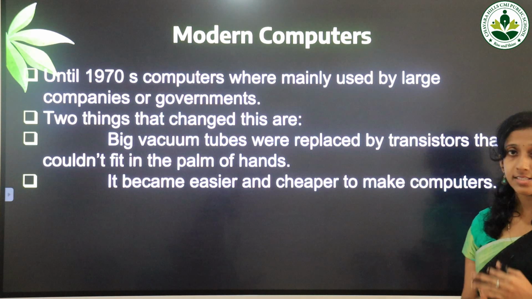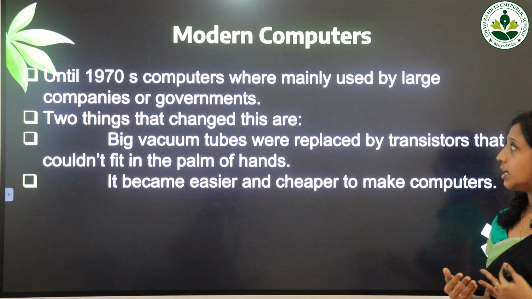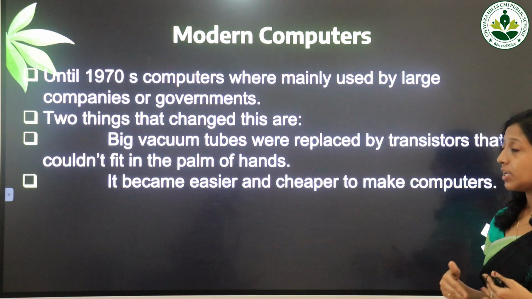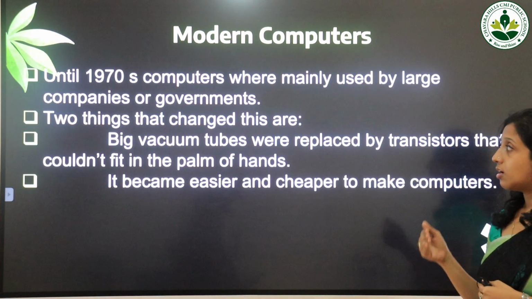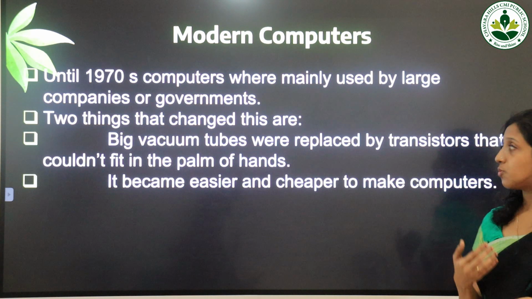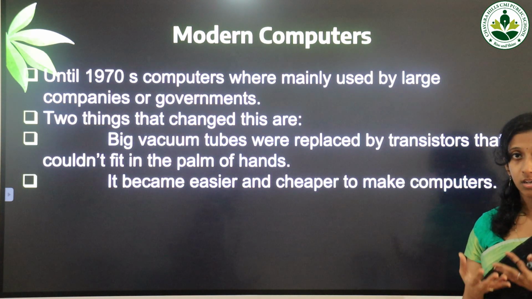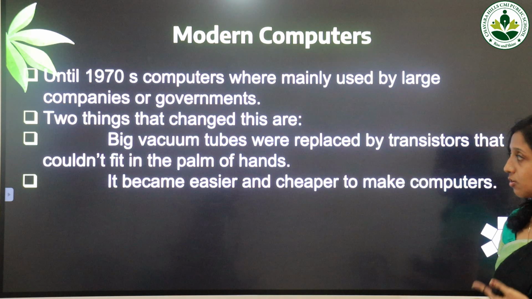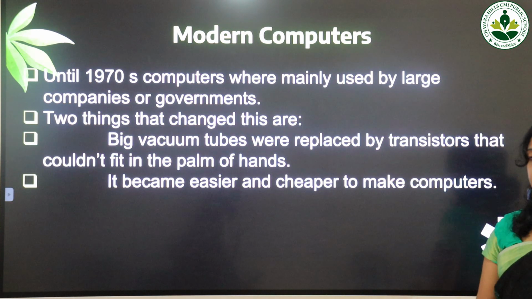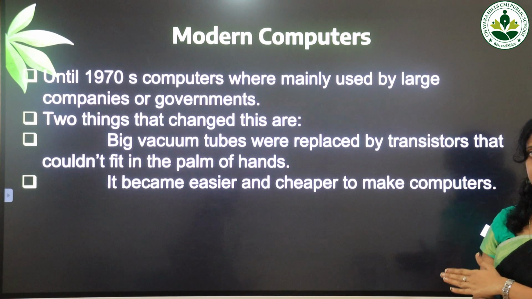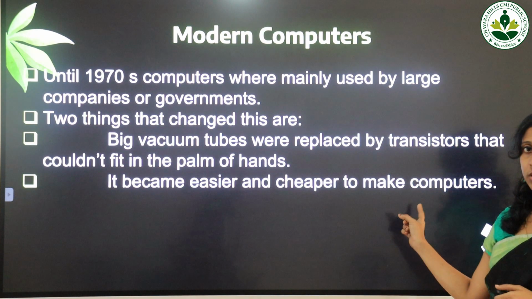So these are the two factors that changed the way of using modern computers.